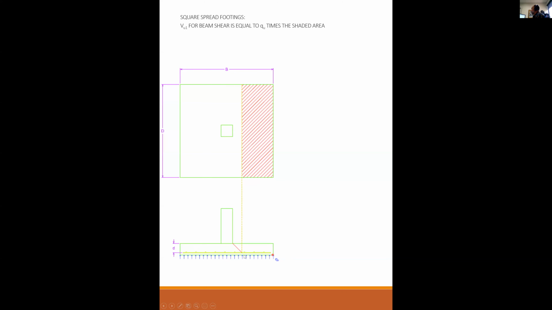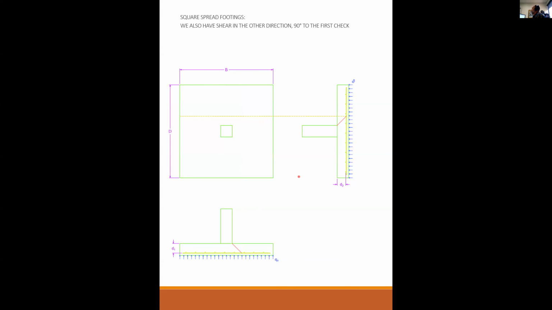Because there's qu down here, all this qu has to be transferred through shear to get into the column. Or if you look at it, the load is coming from the column. All that load, the fair share of it that goes out here has to go through this concrete in shear to get to this bearing pressure out here.